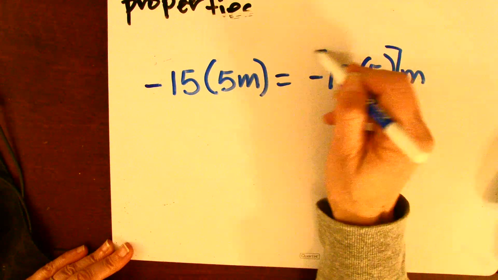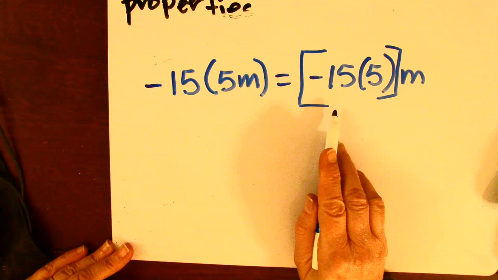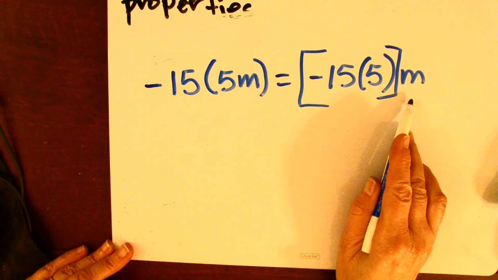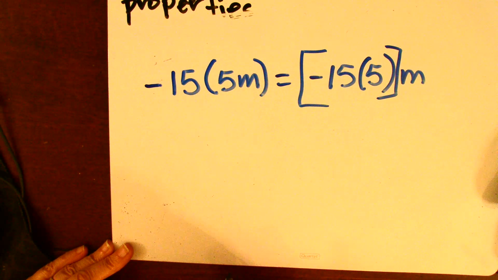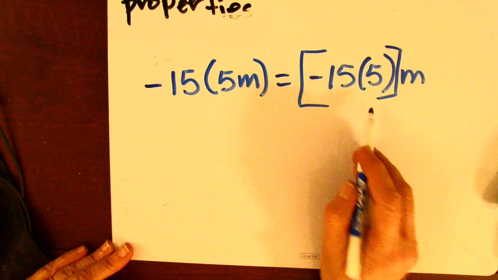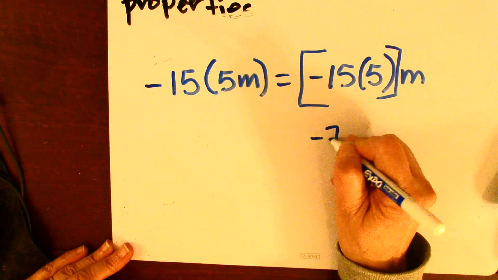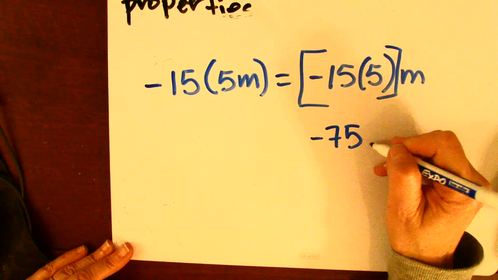So I guess you could group it like this and then multiply it by m. So negative 15 times 5 is negative 75m.